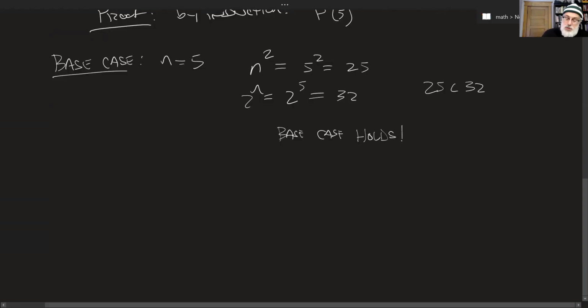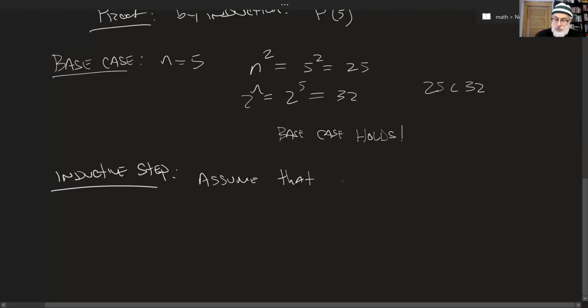Now, let's write out the inductive step. So here we're going to assume that k squared is less than 2 to the k for k greater than 4.